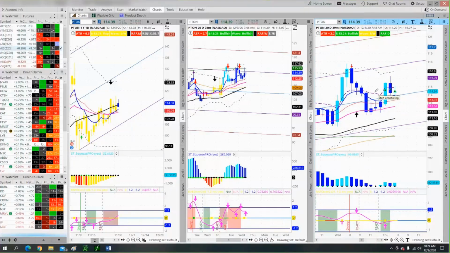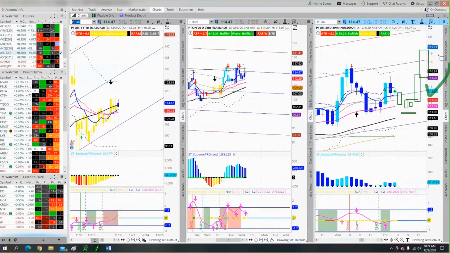That is swimming upstream. The trend is up. If it wants to pull back, then pull back. Here, here, here. Here, stop loss, boom, boom, boom.